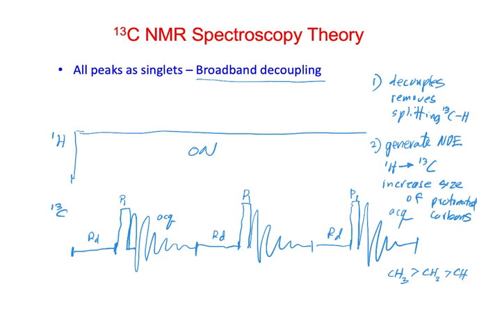So it drops off very fast as you go farther apart. So this is one of the reasons, remember, that we talked about that we can't integrate the size of the peaks in the C13 NMR spectrum, because they have differential amounts of NOE. So that's one reason.